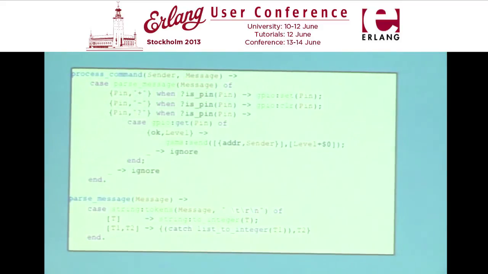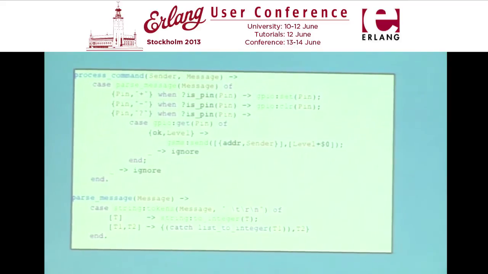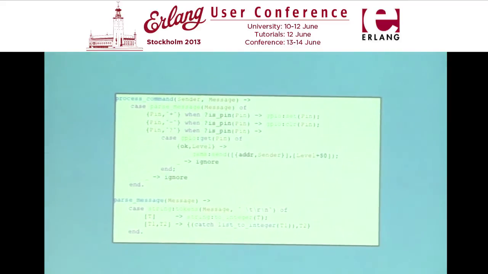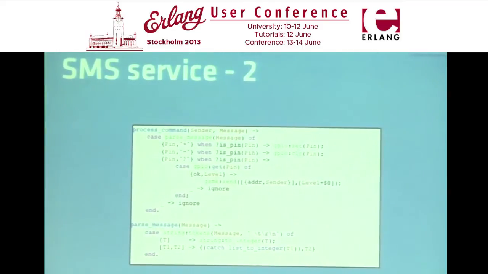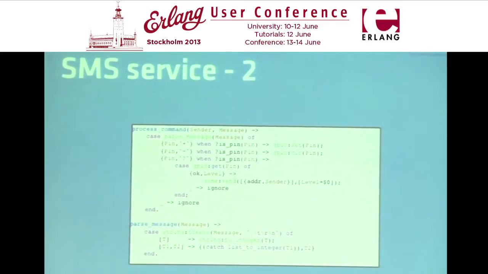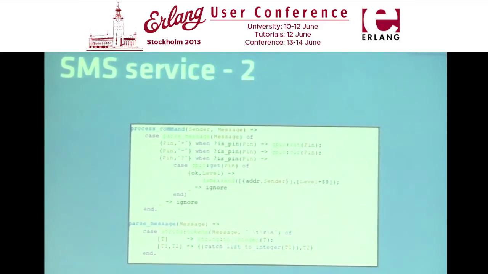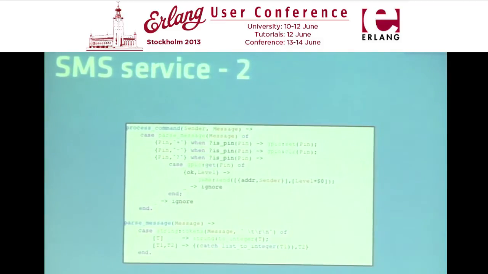What can we do? Well, since we know the structure, we parse the message and see if it's a pin number, plus, minus, or question mark. And then we handle the different cases. We set the pin, we clear a pin, or we ask for the value of the pin and return it to the sender. So this is a very simple, complete SMS service in a small number of lines.